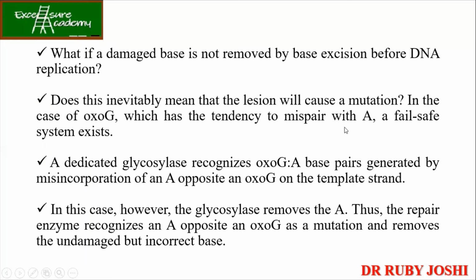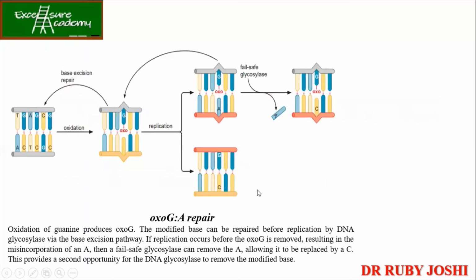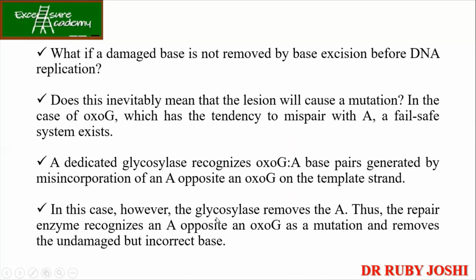Oh, sorry, you were correct, it was adenine only. The transition will come to AT later. So a dedicated glycosylase recognizes the OXO-G:A base pair, which is generated by the misincorporation of the A opposite to G. Now, in this case, the glycosylase removes the A. Thus, the repair enzyme recognizes A opposite to G as a mutation and removes the undamaged but incorrect base.